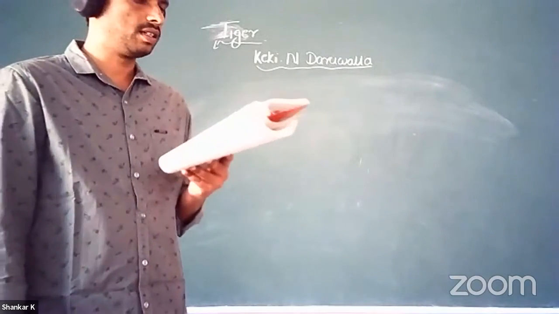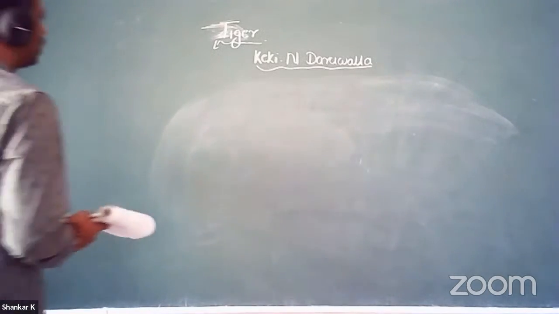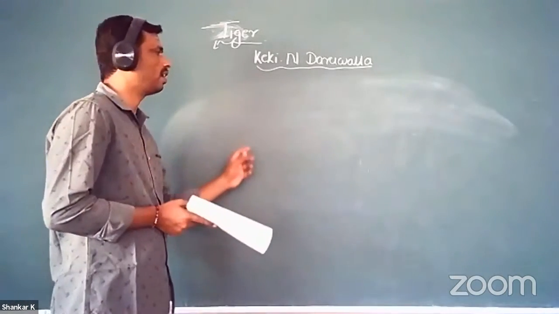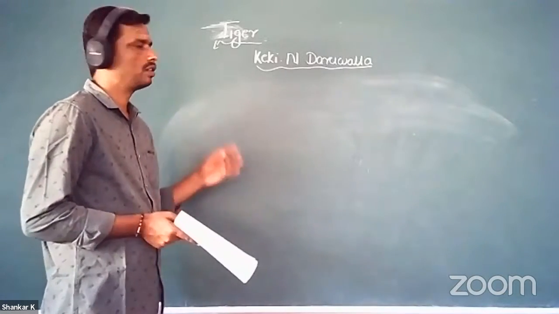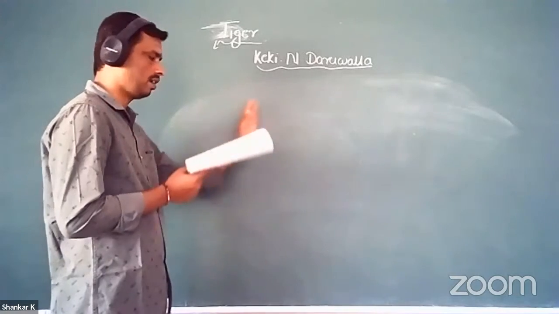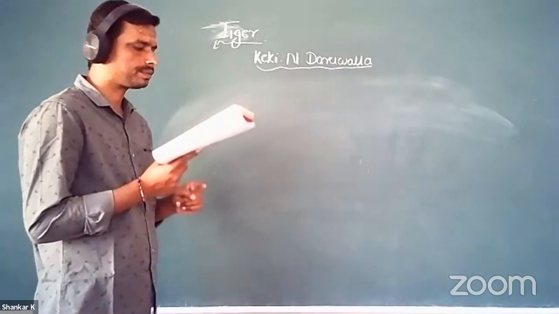No, it's not right. So not only about the tiger, we are talking about any animal. It may be a small hen or a big elephant or a fish. It is a very, very bad thing to kill that animal.